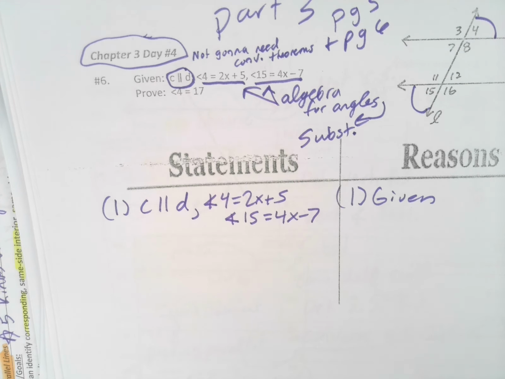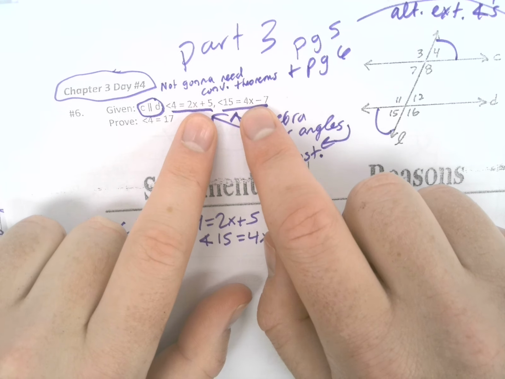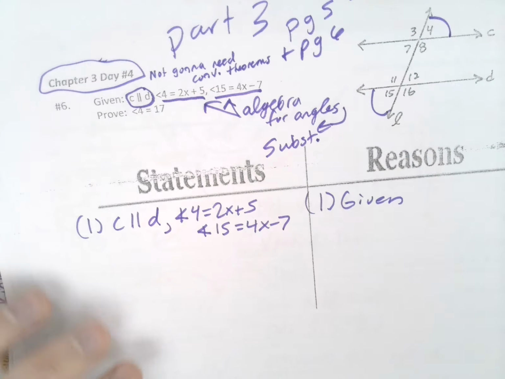So let's start using what we can tell about this graph. We just said earlier, 4 and 15, aren't those alternate exterior angles? Yeah, those are alternate exterior angles. We can't really do anything with this information yet. Not yet, but we can do something with this.